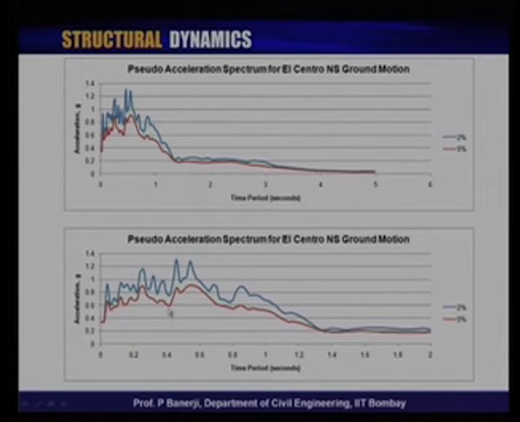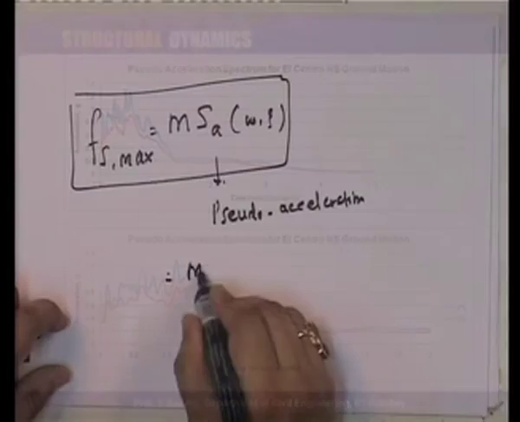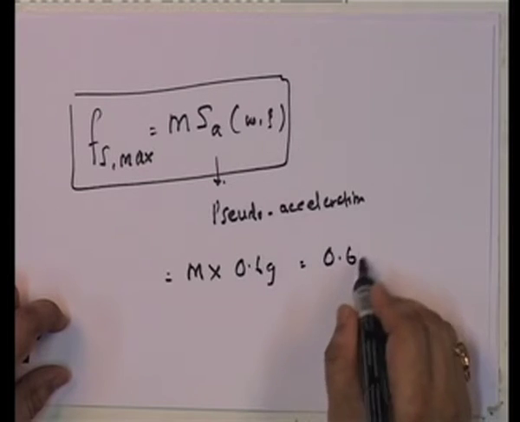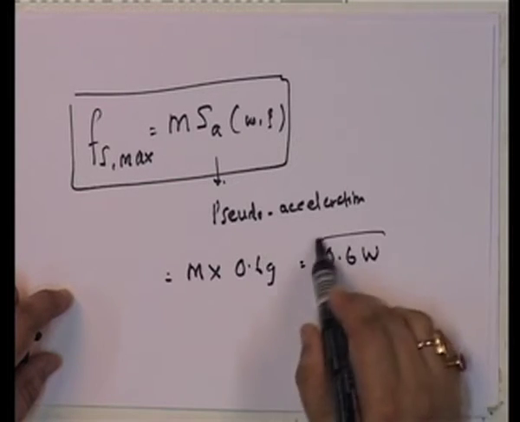I come over here, look at this value, and this is 0.6 g. So the peak force becomes m into 0.6 g, that is 0.6 times the weight of the structure.